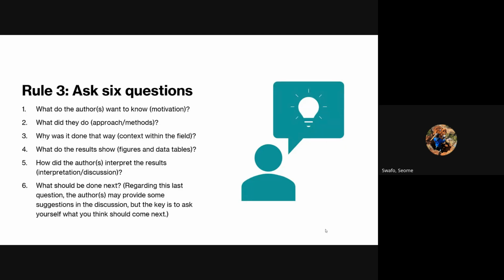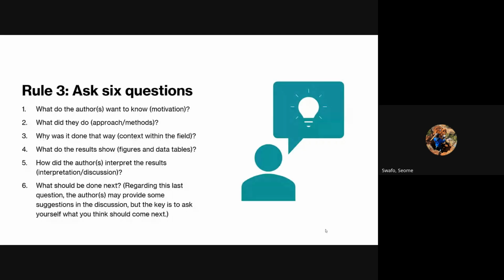And then after that, you ask yourself, from this reading that I was doing, what should be done next? When you ask yourself this question, it's where you start to build, because a lot of people assume knowledge gaps, when actually a lot of knowledge gaps have been answered in that specific field.